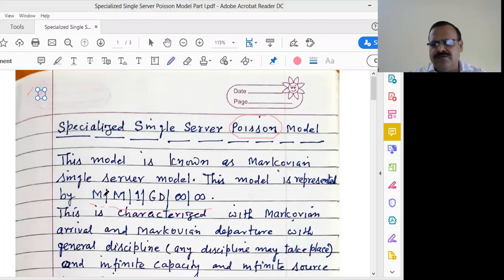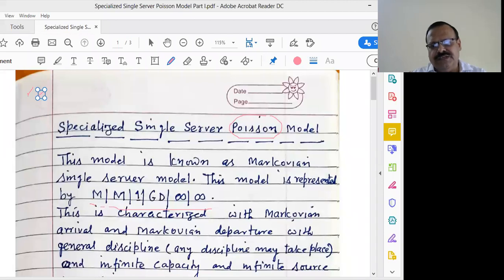Here we say Poisson, but really we use the M, and M stands for Markovian. Why do we say Markovian? I have discussed this point a great deal: whenever we talk about the arrival of customers, it is completely random.